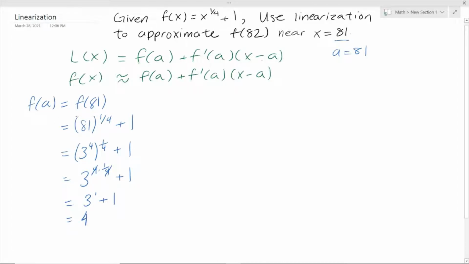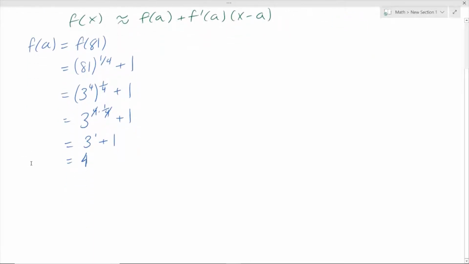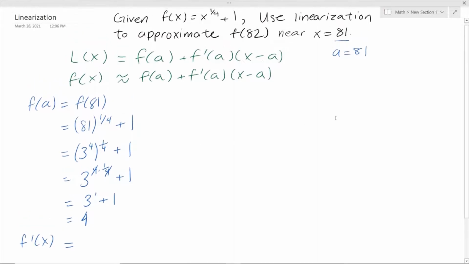Now we are going to find f prime of a. To find f prime of a, we need to find the derivative of the function. So we're going to just find f prime of x first. That will help us. So f prime of x is going to be, we're going to use the power rule for derivatives.